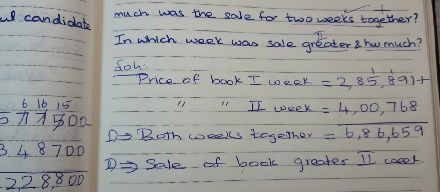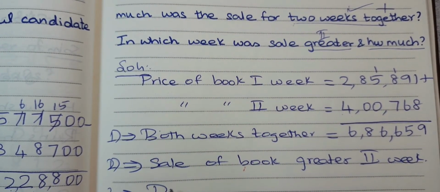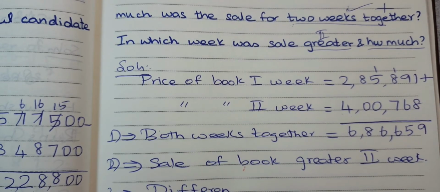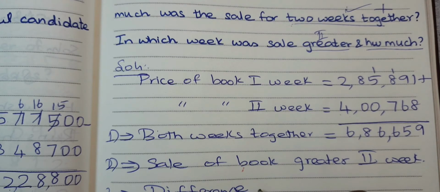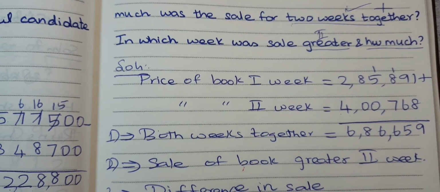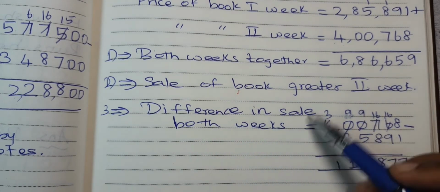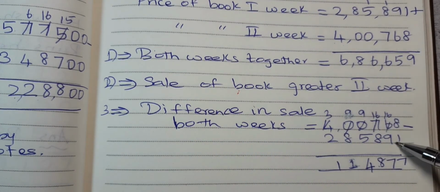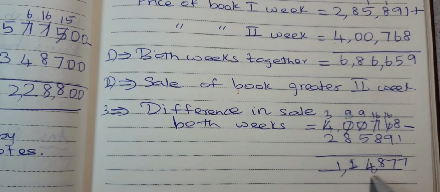Next, the third one: and how much? How much means I have to find out the difference. So the difference in sales of both weeks. That means you have to subtract these two numbers. You will get the answer as 1,14,877.